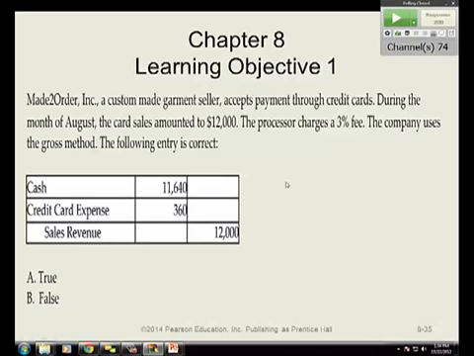Okay? So if that was the gross method, you would record the sale at the full amount, or the cash at the full amount of the sale, and then record the expense later.